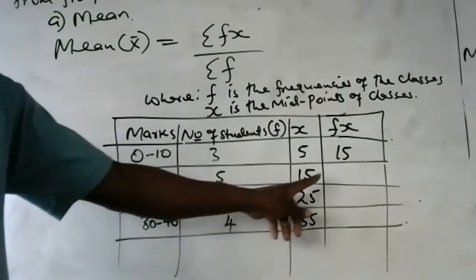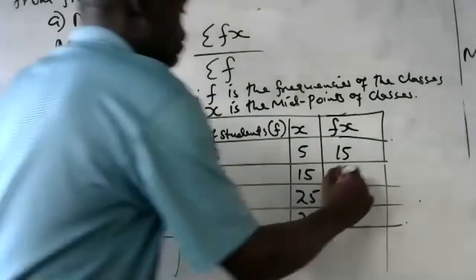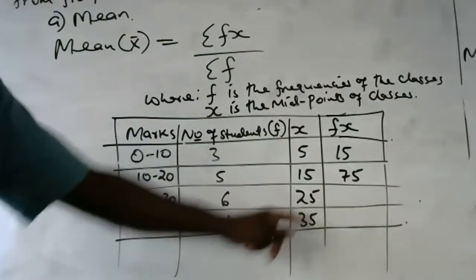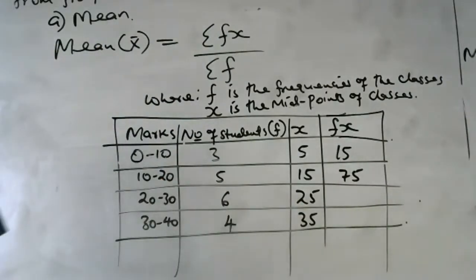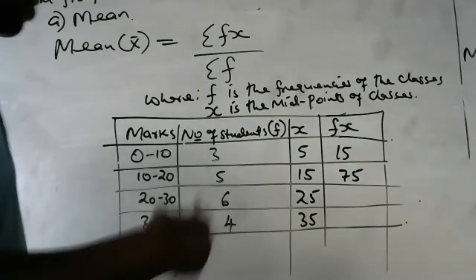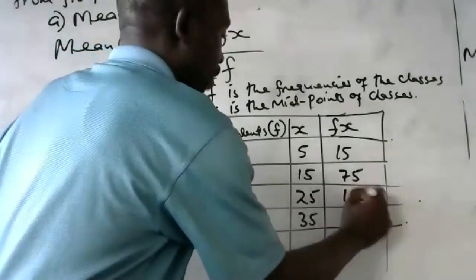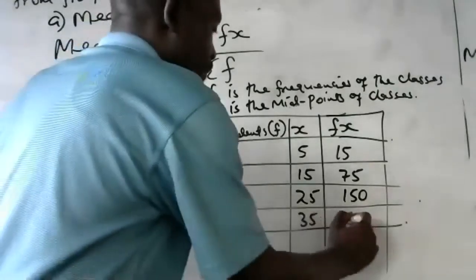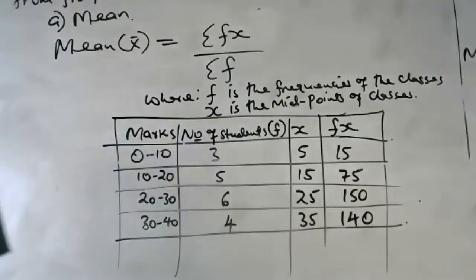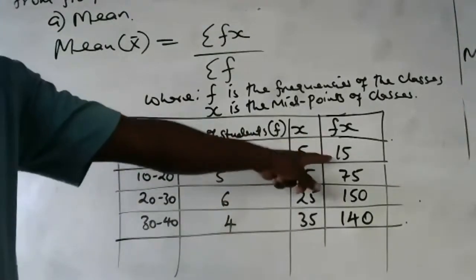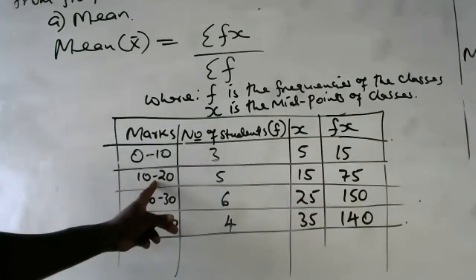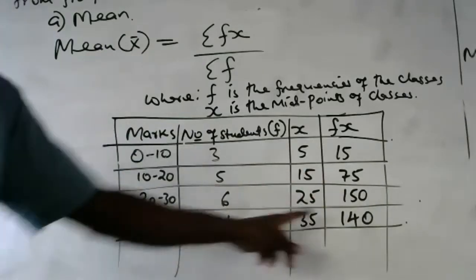This one times that one will give us 75. This one, I think it's going to give us 150, if I'm not wrong. This one will give us 140. Like that, you have your fx's: the fx for this class, the fx for this class, like that.